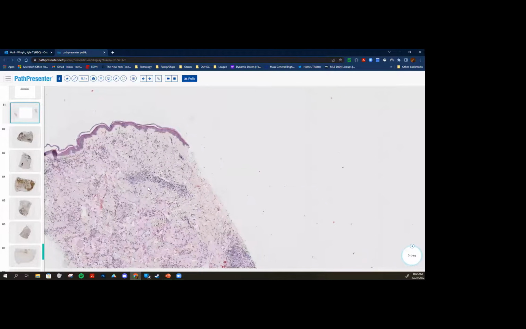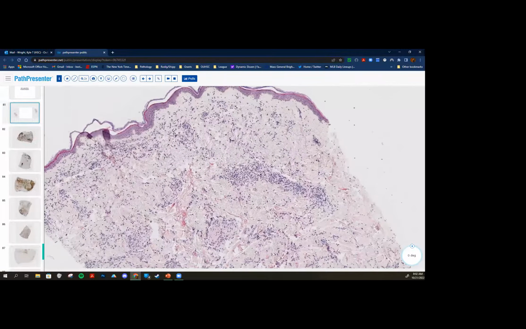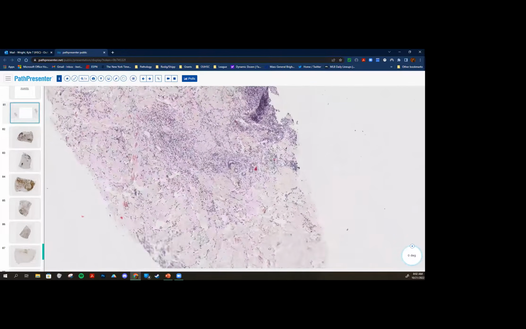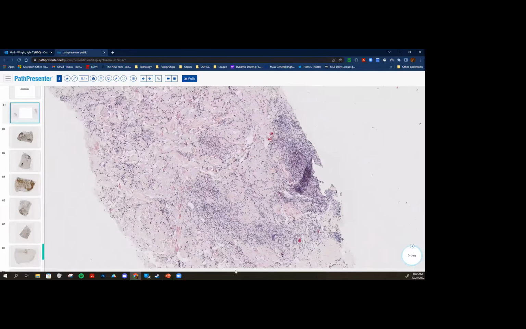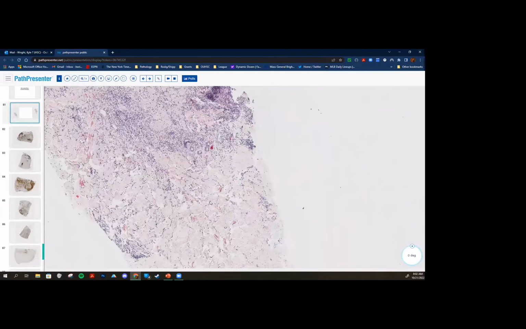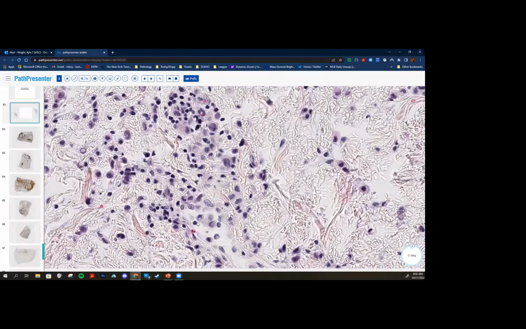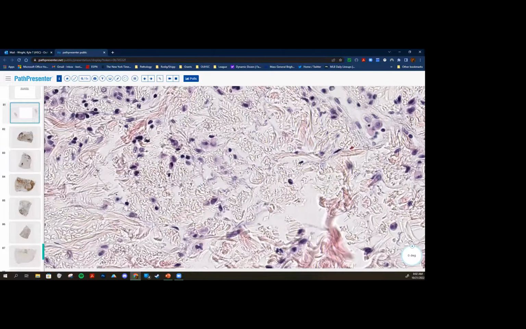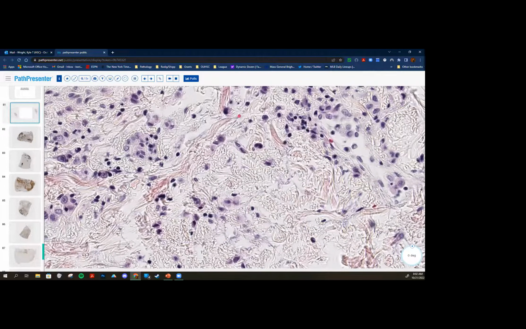So our final H&E of the day, here we have this kind of infiltrate that's all over the place. It's in the superficial dermis, it's in the deep dermis, dives pretty deep. Not much in the way of epidermal changes. And it's composed of these somewhat discohesive cells, a decent amount of cytoplasm, kidney bean shaped nucleus, not much in the way of nucleoli.